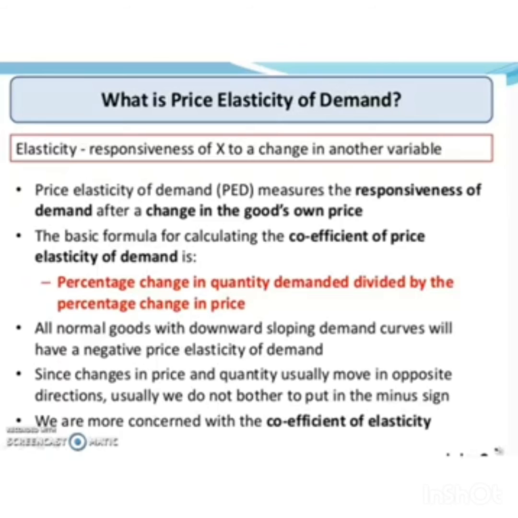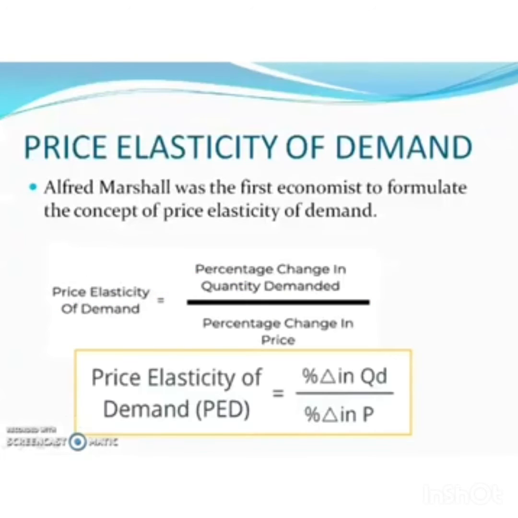All normal goods with a downward sloping demand curve will have a negative price elasticity of demand. Alfred Marshall, the well-known economist, was the first economist to formulate the concept of price elasticity of demand as the ratio of a relative change in quantity demanded of a commodity to a relative change in price.